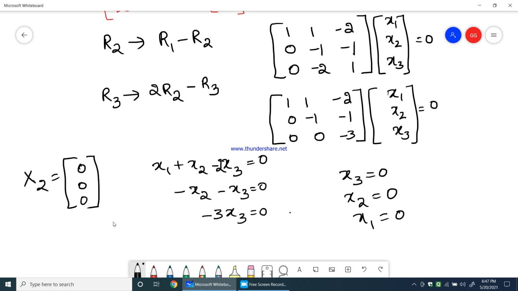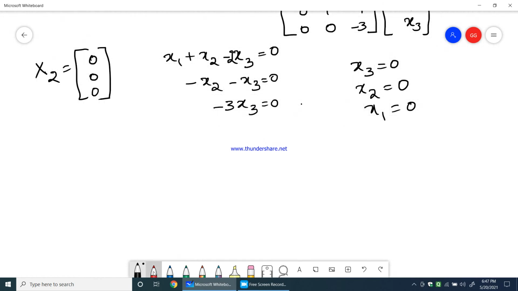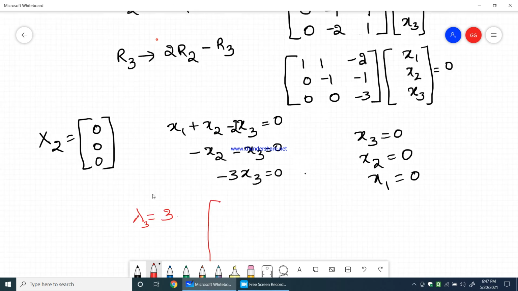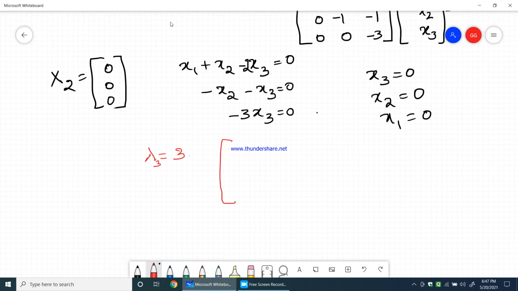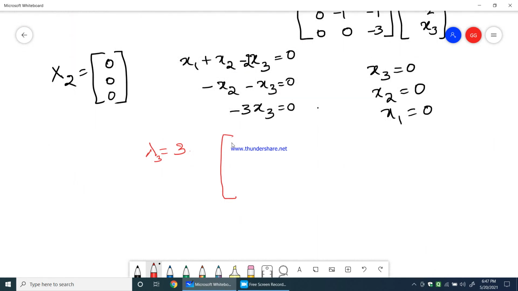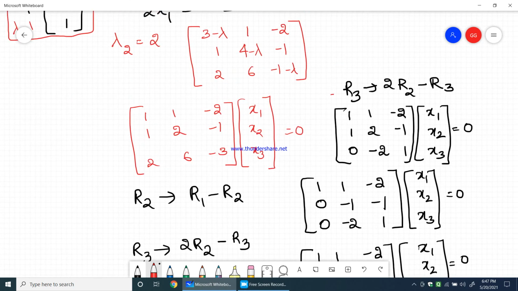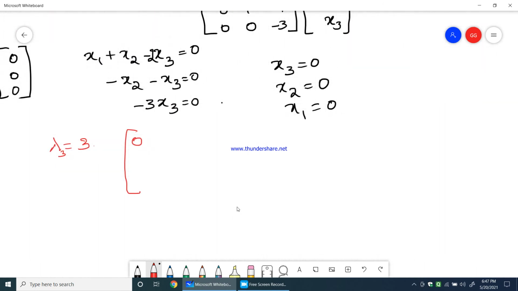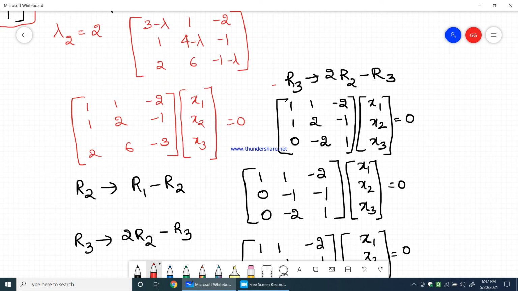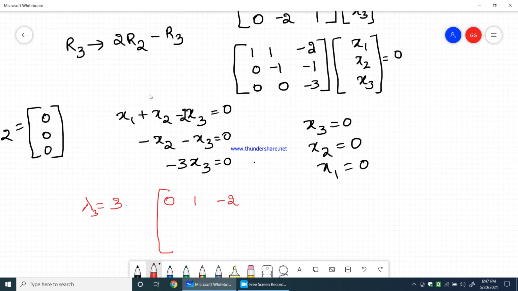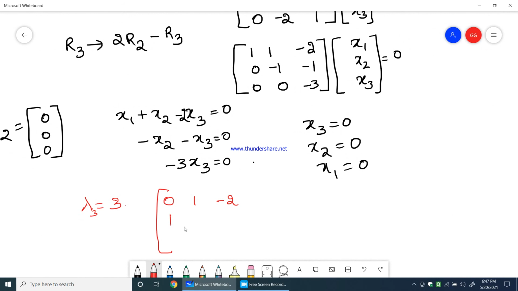Now coming to the third vector, when lambda is equal to 3. With this lambda, we'll see what matrix we get. It is 3 minus lambda, so 3 minus 3 is 0. Then we have 1 and minus 2, which will be as it is. Then 1 and 4 minus lambda, which is 4 minus 3 is 1 again.